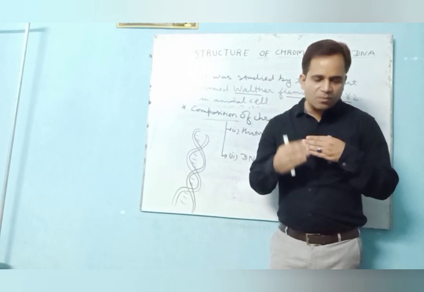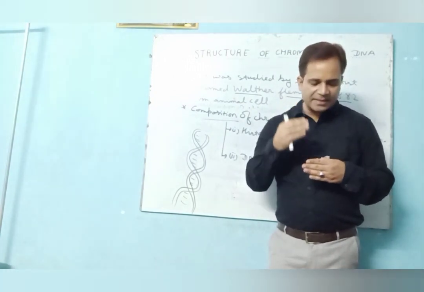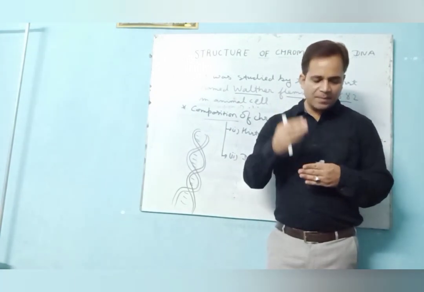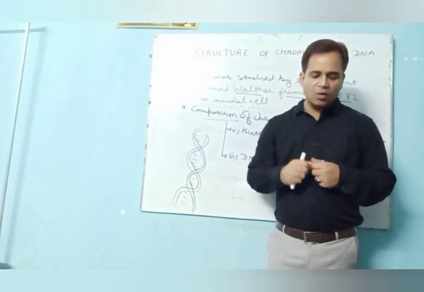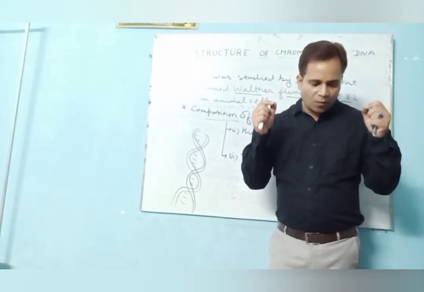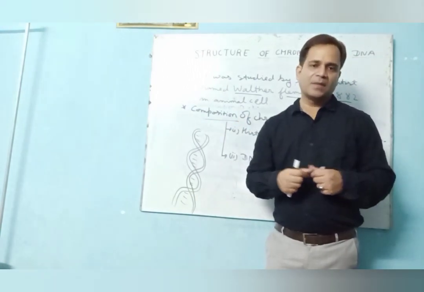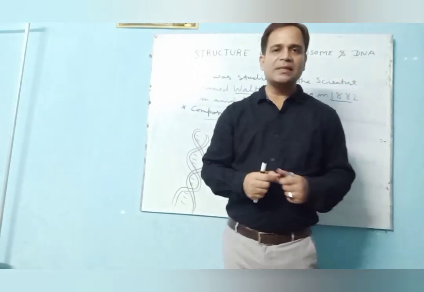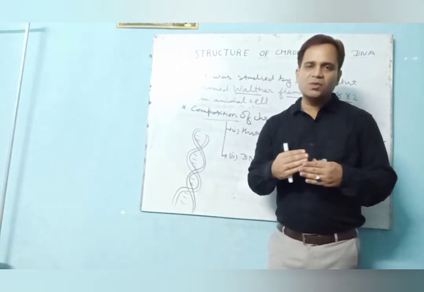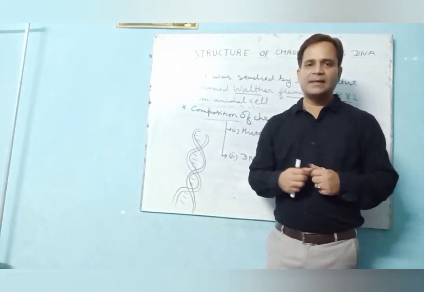Now when I am saying homologous chromosomes, what do we mean by homologous chromosomes? The pair of chromosomes having the same size, shape and genetic location, one coming from either of the parents. Again, listen carefully: homologous chromosomes. Homo means similar.